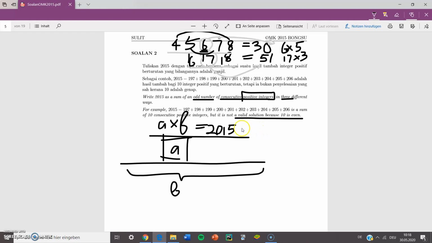How do you factorize 2015? 2015 equals 1 times 2015. This is feasible, but because there's only one number, it won't constitute a string of consecutive positive integers. And 2015 is a multiple of 5, so 5 times 403.